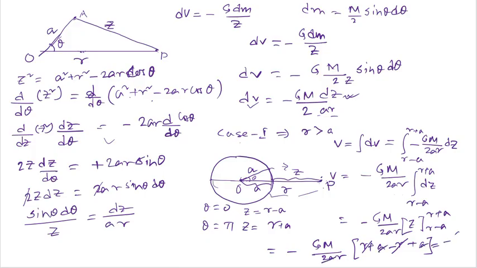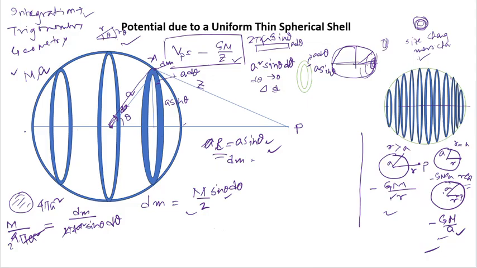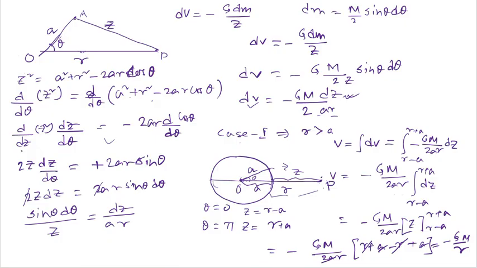So the final answer is minus GM by r, correct? In the last slide I told that if P is outside, then this is the formula we'll get. We got this formula. What is r here? R is nothing but the distance from the center to that particular point.